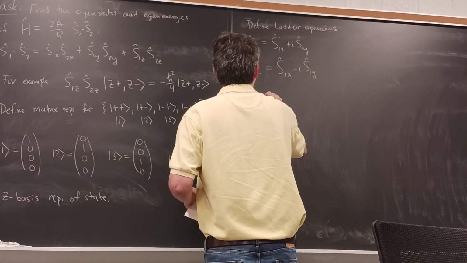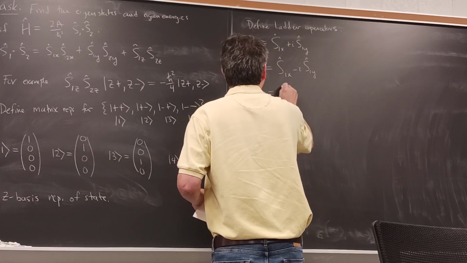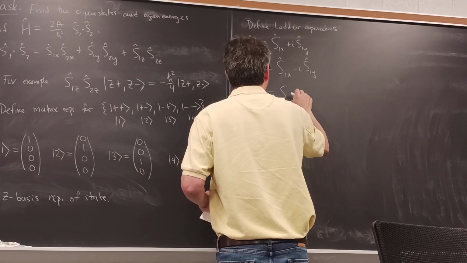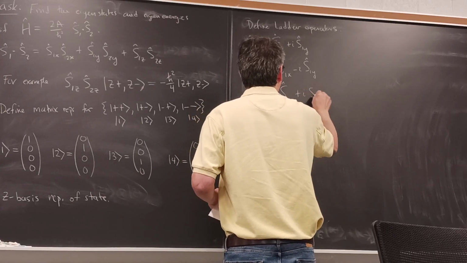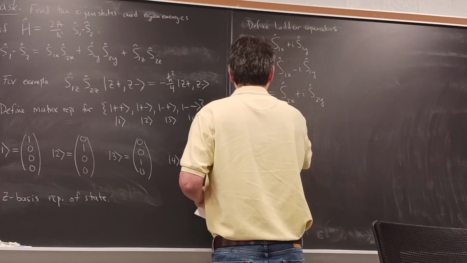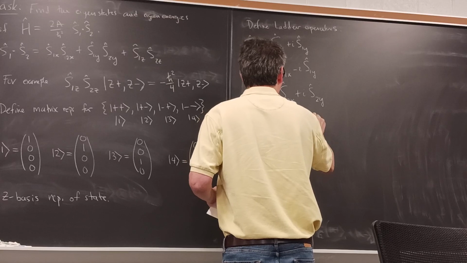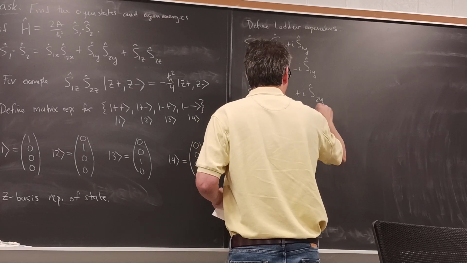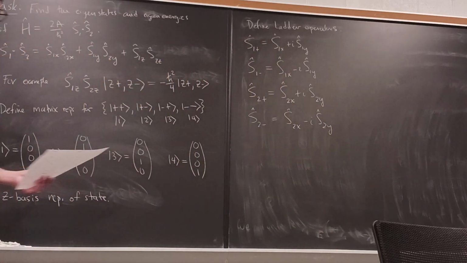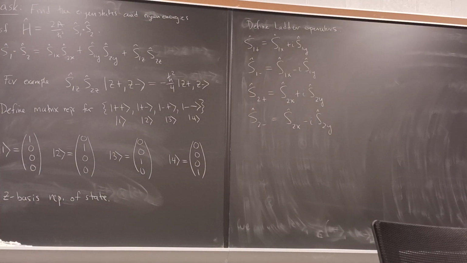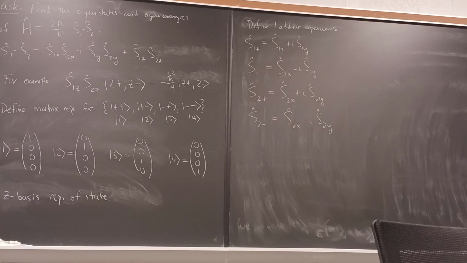And then S2 plus should be S2x plus i S2y, and S2 minus similarly. These are just as we have defined the ladder operators previously, except now we have one for plus and minus for particle 1 and 2.